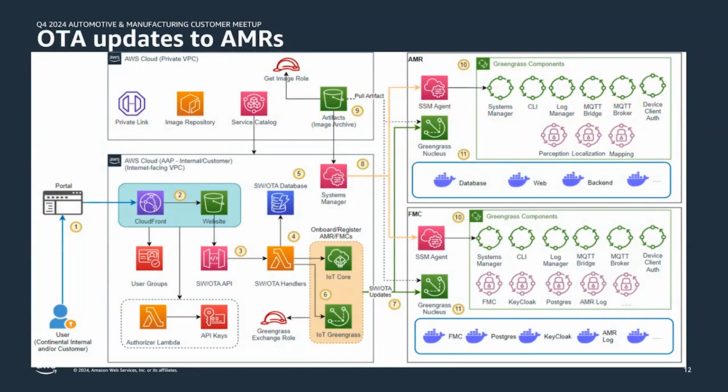Yeah. This is the architecture that explains the complete life cycle of over-the-air updates with respect to system configurations or software components and packages that are very much required for the AMR fleet. This begins with our DevSecOps team, where they'll be able to automate. They have already automated it: when any feature or software component is developed within the corporate code repository, it is packaged as a container image and pushed to Amazon ECR automatically.